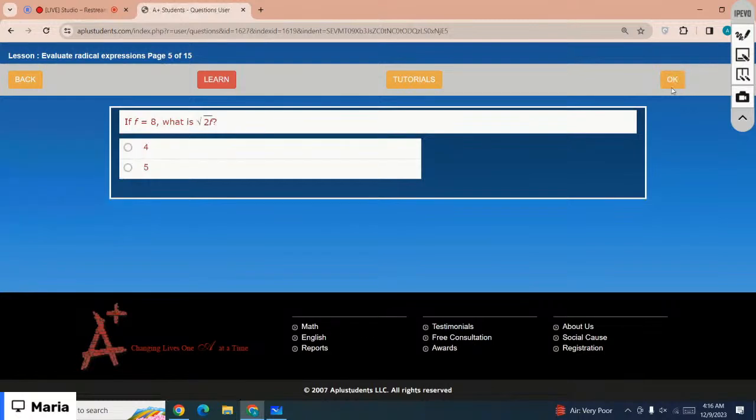If f equals 8, what is square root of 2f? Which is the correct option?